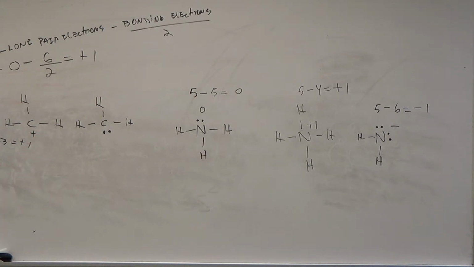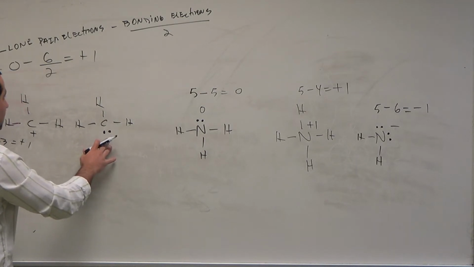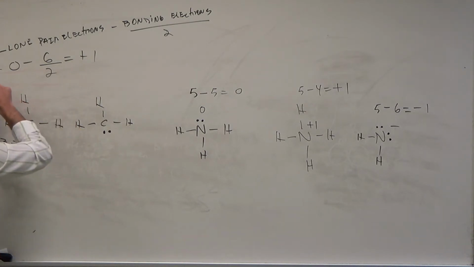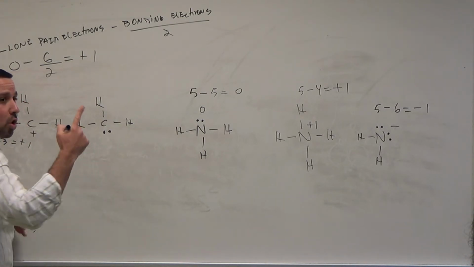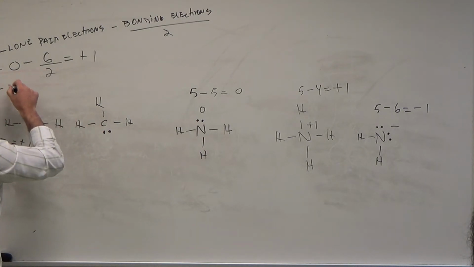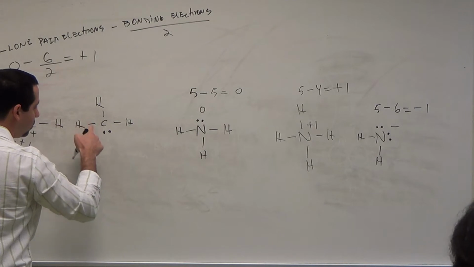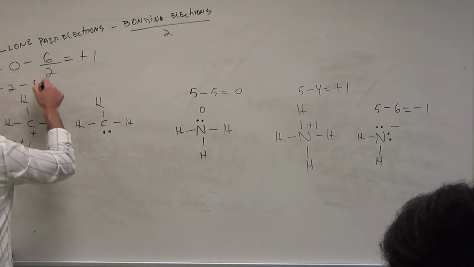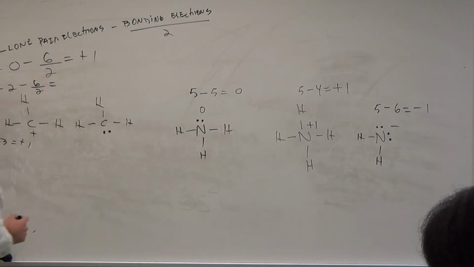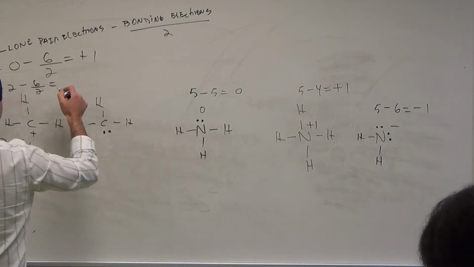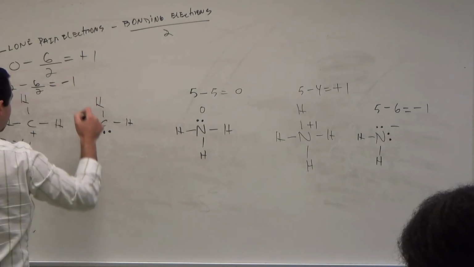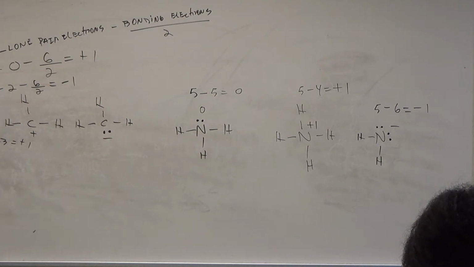So let's do it the long way for this one. Valence electrons is 4, minus lone pair electrons, which is 2, minus 1, 2, 4, 6. 6 divided by 2. So how much is this? Minus 1.